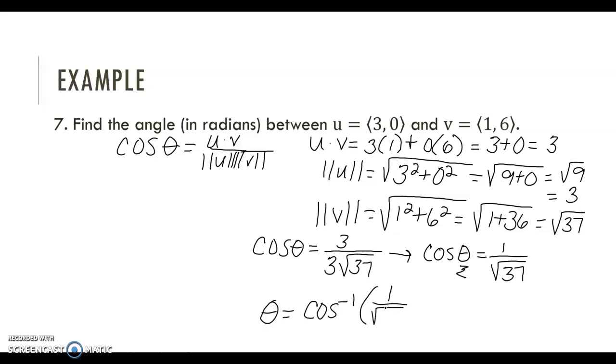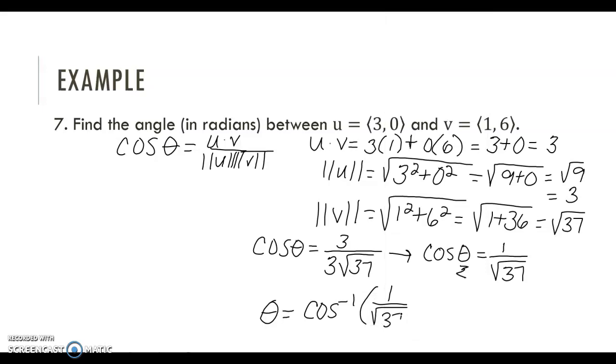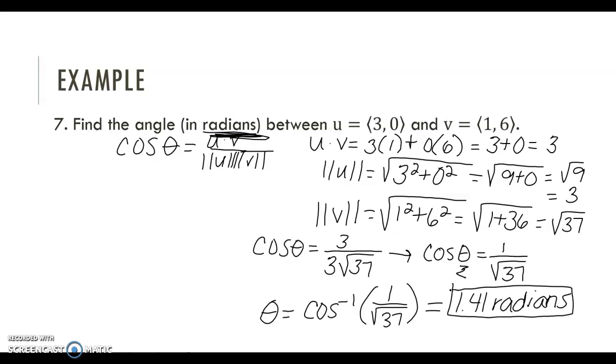So inverse cosine of 1 over the square root of 37. And this is where it's important to make sure for this example that your calculator is in radians. We're going to round to the nearest hundredth, and I get 1.41 radians. And that would be the angle formed between these two vectors.